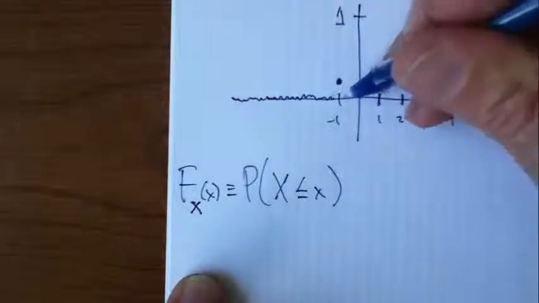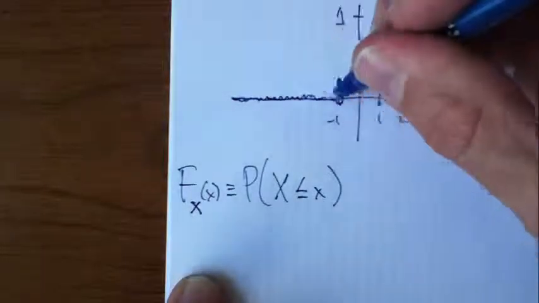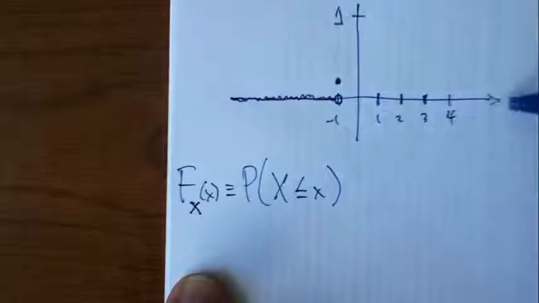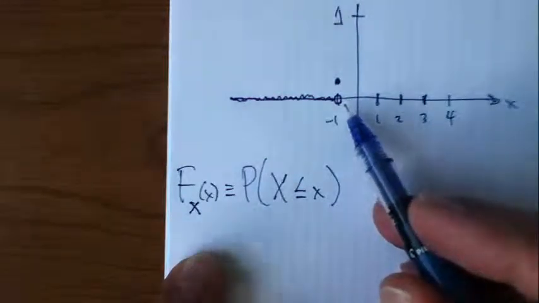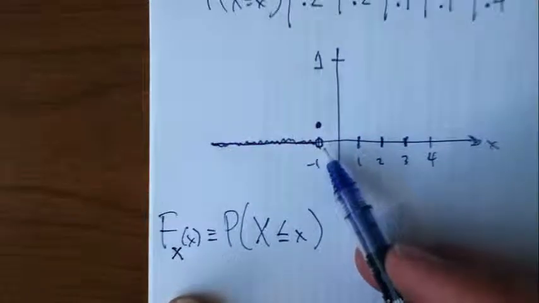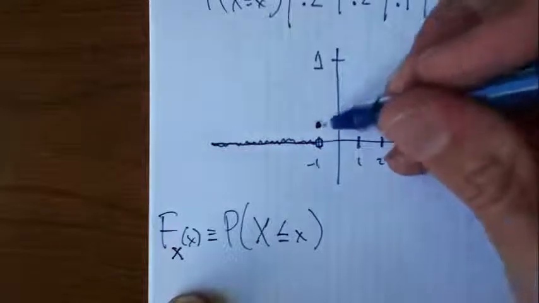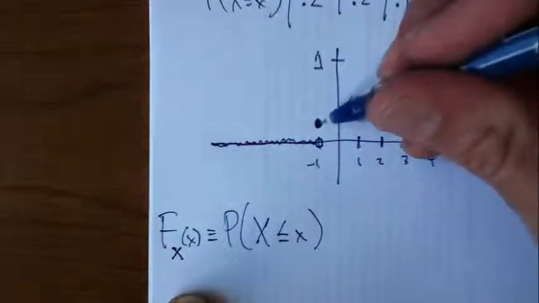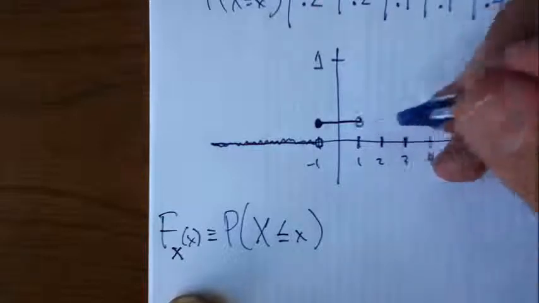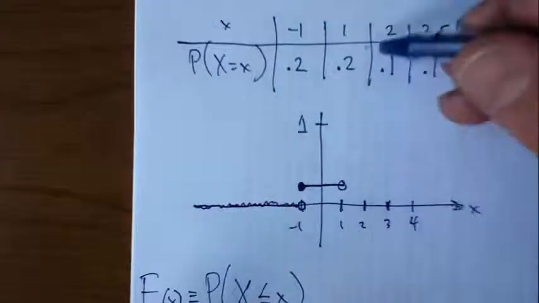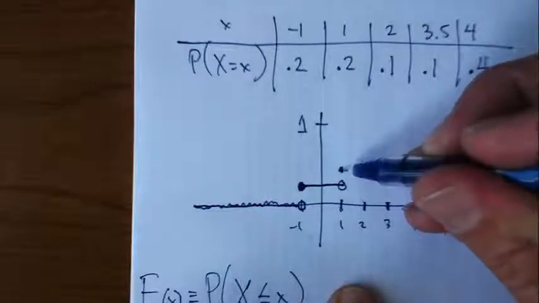This function is 0 all the way up to -1, where this is the x-axis. When x takes on the value of -1, this function is now 20%. There's a jump there, a closed ball there. And then there's another jump here. When x is +1, we jump up another 20%.